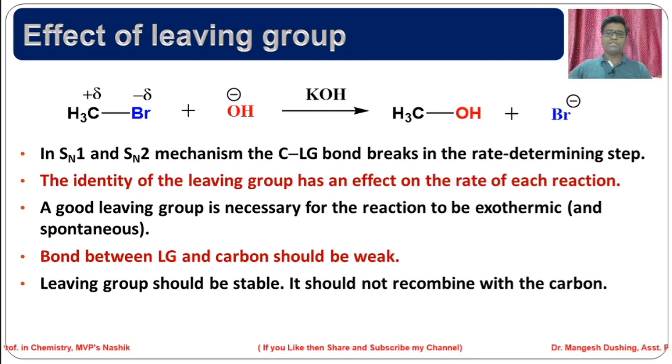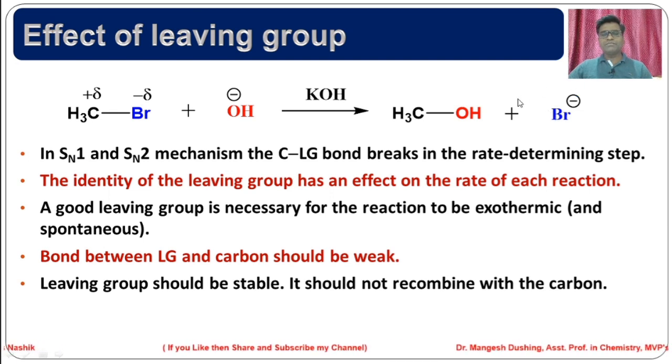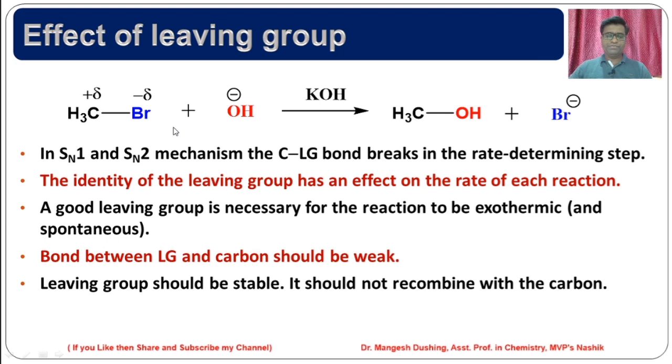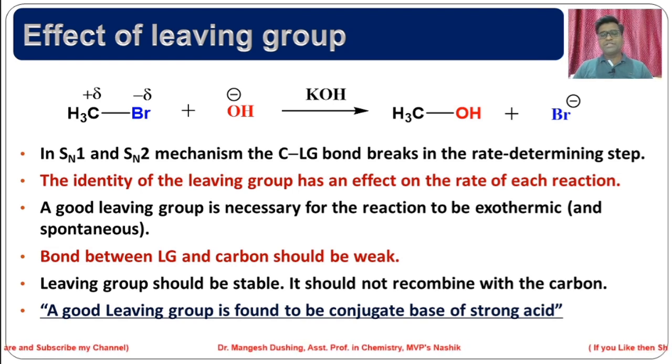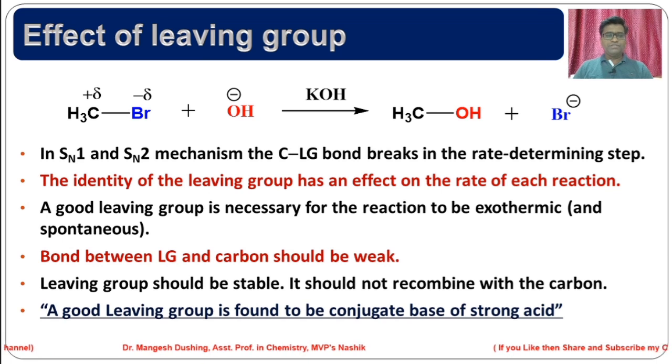Whatever the leaving group is after leaving, it should be very stable and should not recombine with the carbon to give back the starting material or substrate. In short, a good leaving group is the conjugate base of a strong acid.